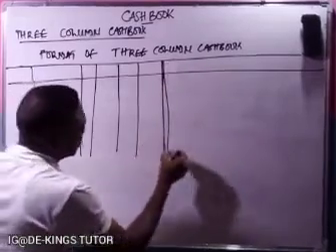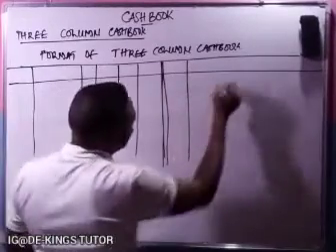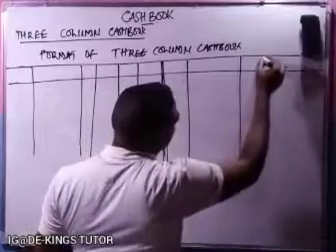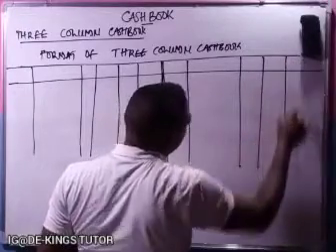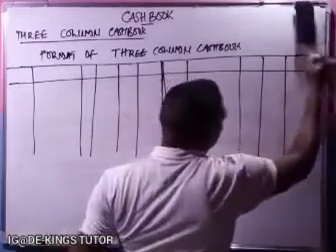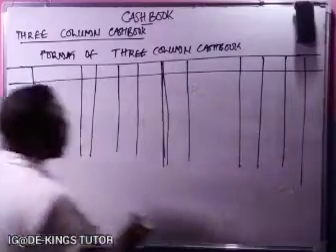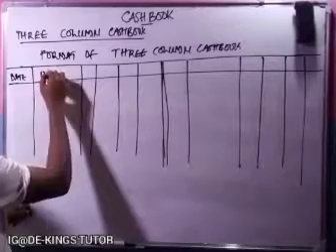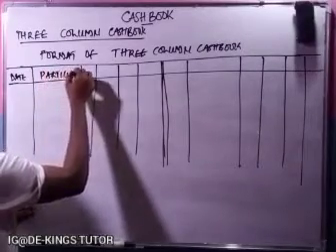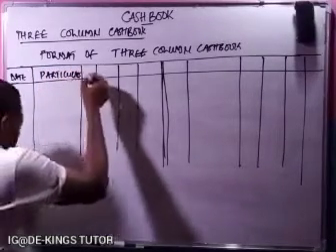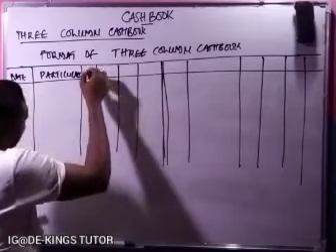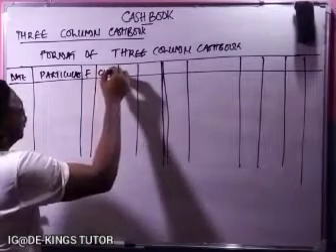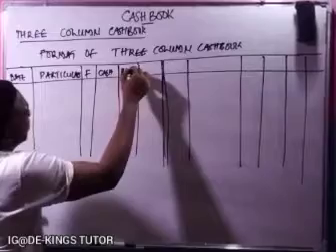Watch how we do this. This is date, this is particulars, this is folio, this is cash, this is bank.